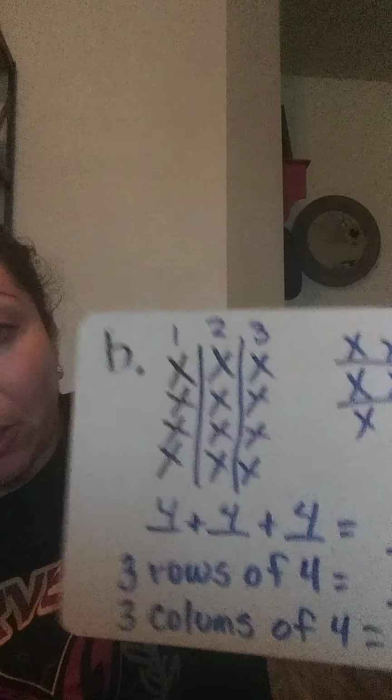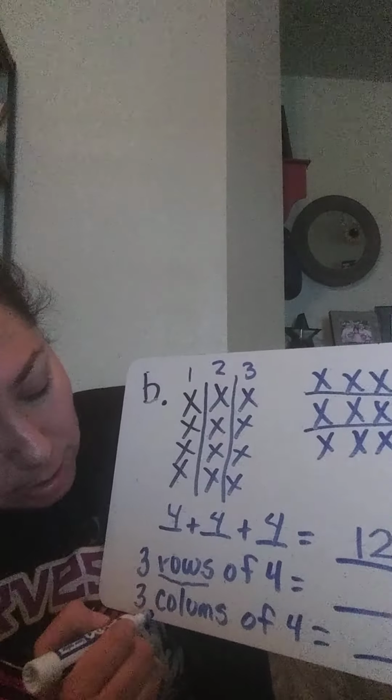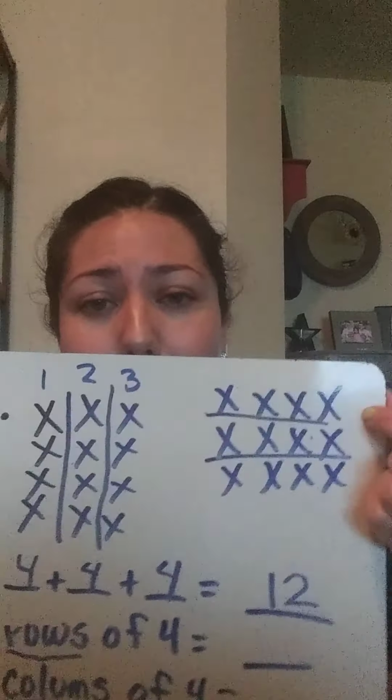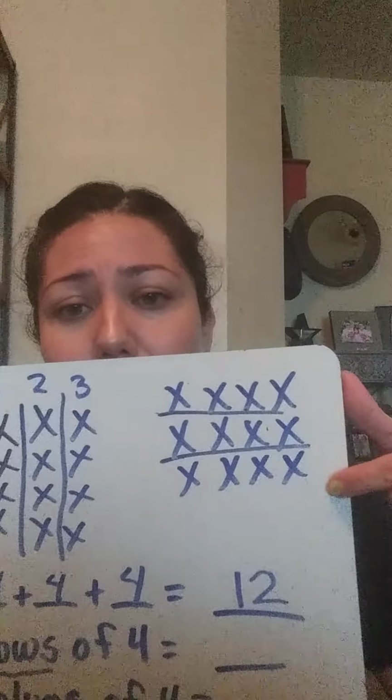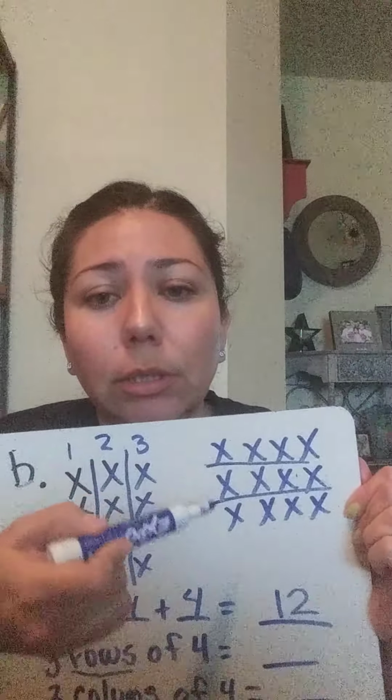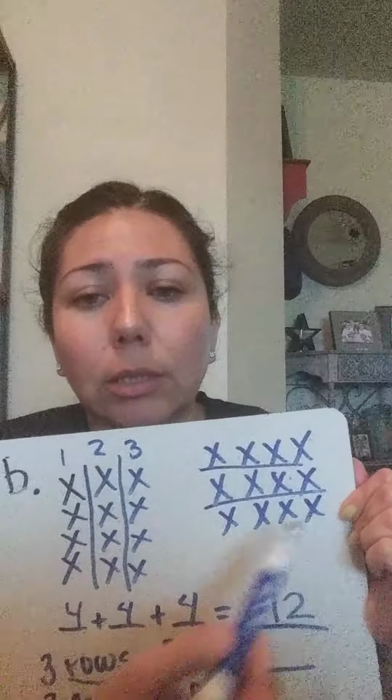Next one. 3 rows of 4 equals, but this is the tricky part. Look, it says rows and it says columns. So I also drew my rows on the side. I drew 3 rows of 4s.